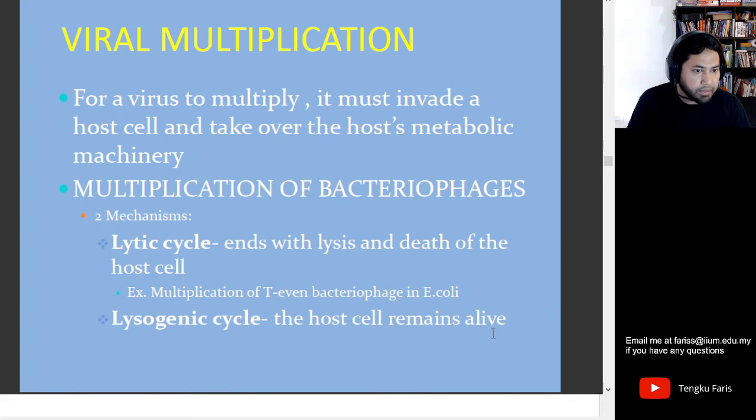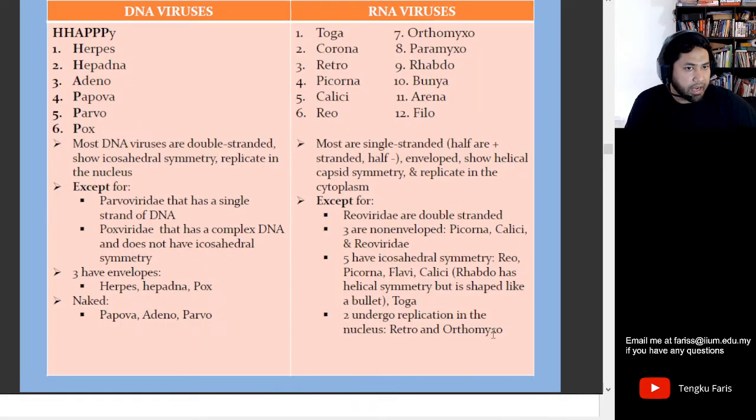Multiplication of the T4 bacteriophage in E. coli, for example. They can stick to the surface of the E. coli and inject their DNA. As for the lysogenic cycle, they don't cause fatality to the host cells. Instead, the cells can remain active.